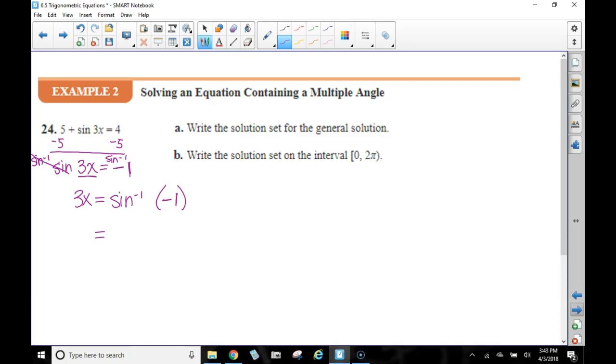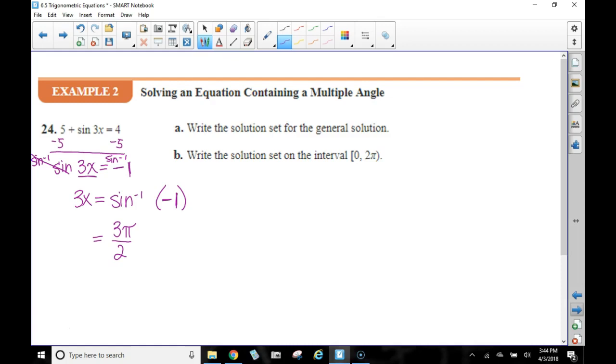Now we're going to generate a list of those angles. Since this number was -1, and I know that is a sine value of a quadrantal angle, we don't need to break it apart into two different quadrants, because the only angle that has a sine value of -1 is 3 pi over 2, which is 270 degrees.